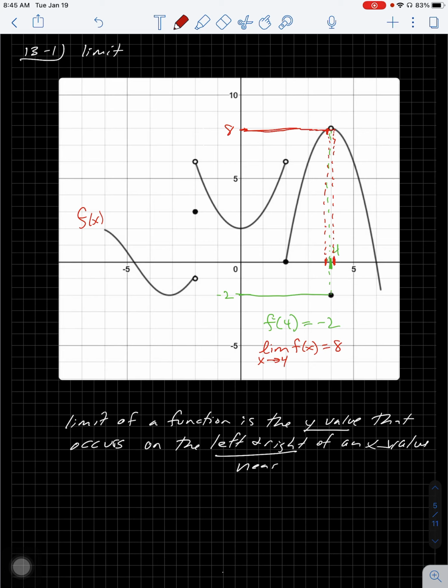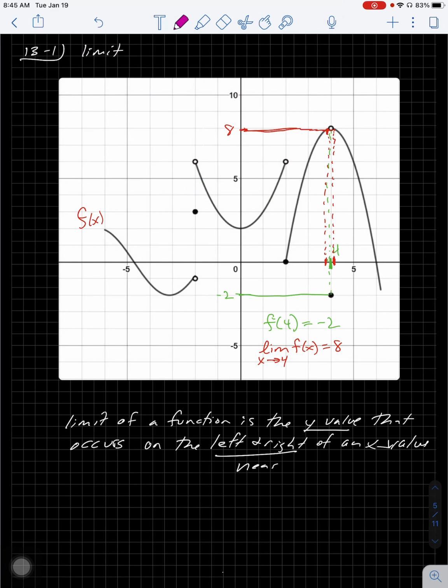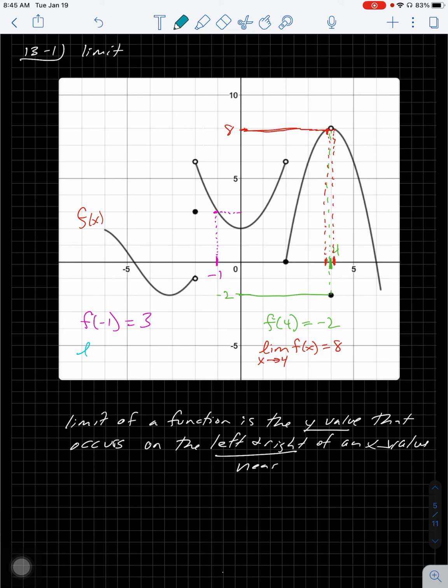Now, let's look at another place on this function. Let's consider -1. So let's first look at what is the function at -1. That means I'm going to take -1, go straight up to the function, and straight over to my y value. So this is going to be 3. Now let's take a look at the limit as x goes to -1.